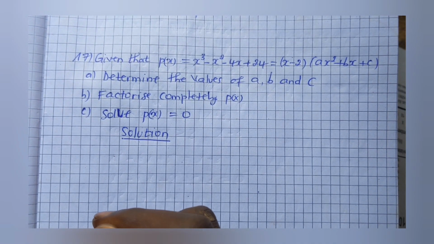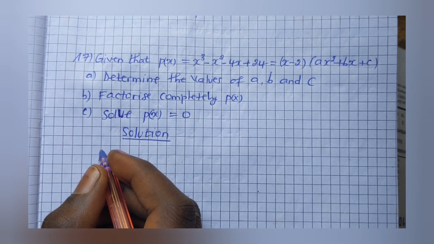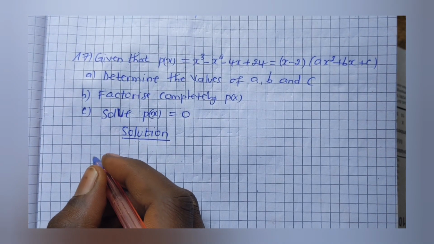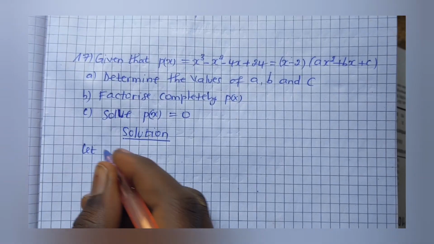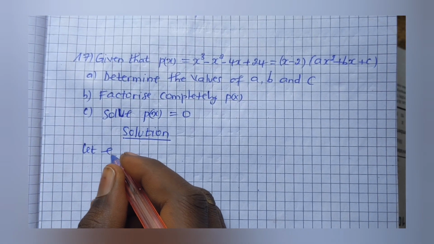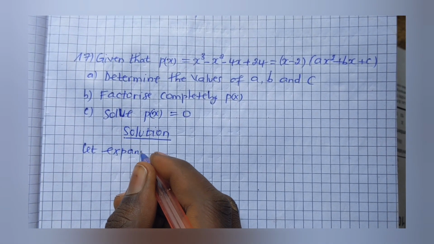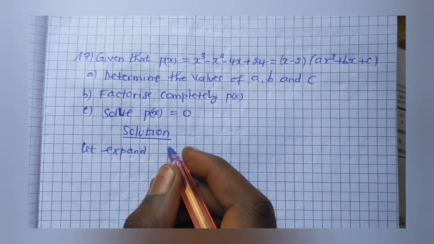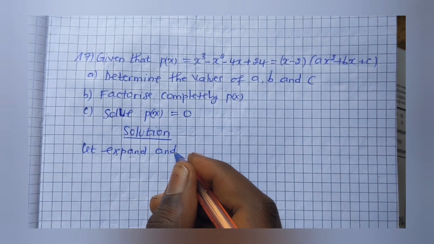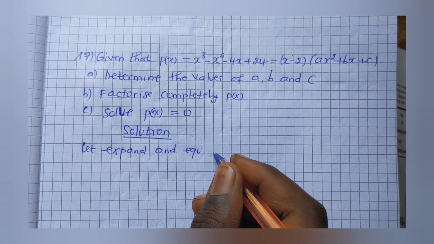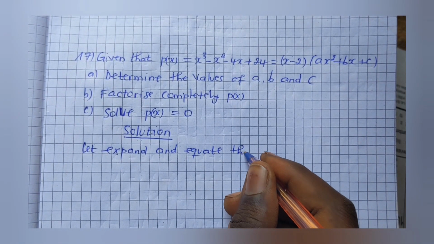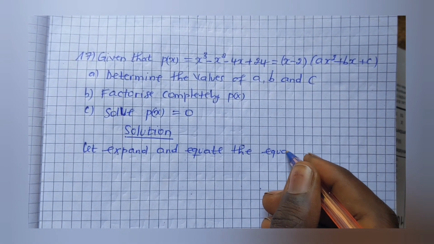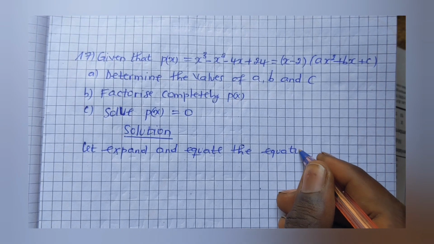As from question a, we are to determine the values of a, b and c. So let's expand and then equate the equations, so that it is easy for us to find the values of a, b and c.